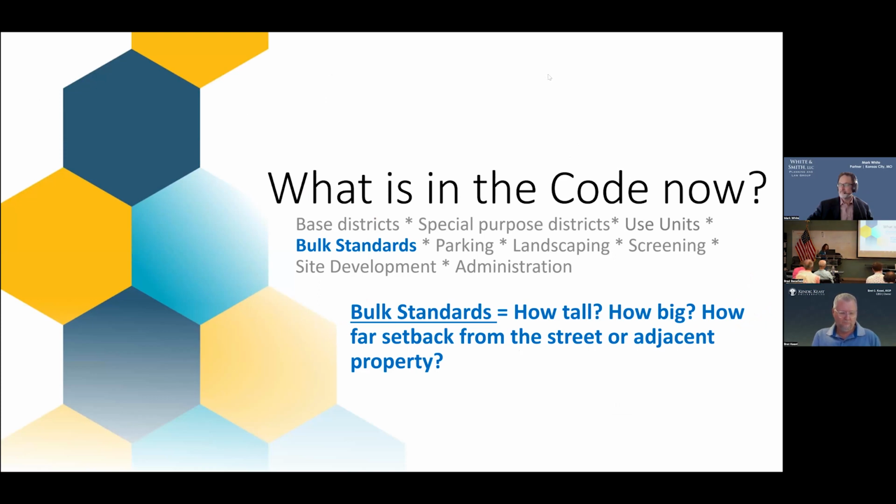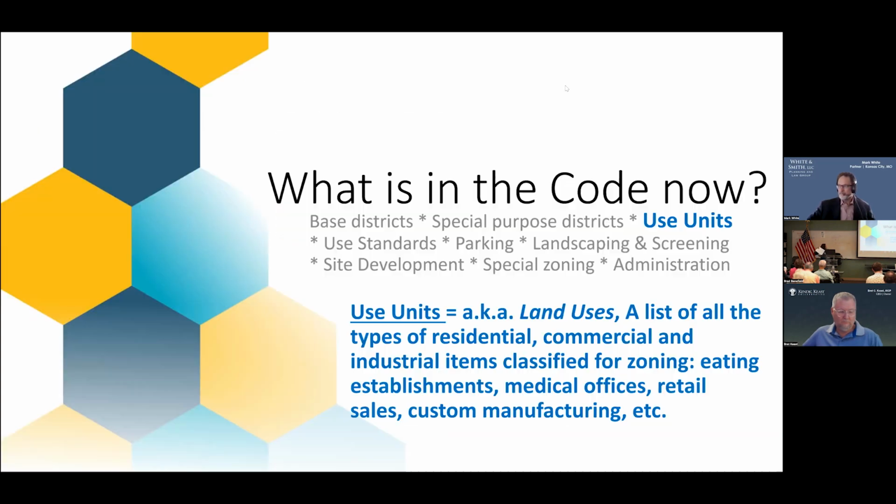So the next thing, after the base districts and the special purpose districts, is the bulk standards, which we talked about before on the key sheet. That is sort of how tall, how big, how far back the building has to be set from the street. Next slide, Mark.